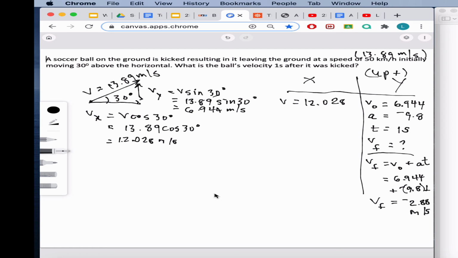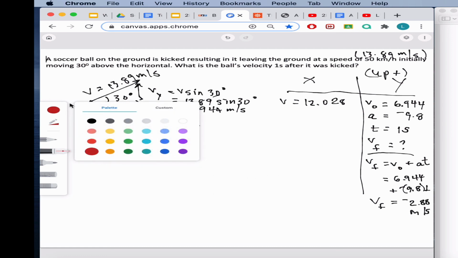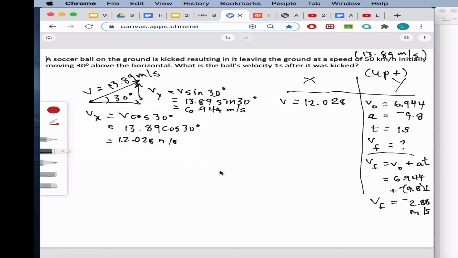So now we have both vertical and horizontal components of our final velocity vector. So let's redraw our two components and then draw a resultant. Our x component again is 12.028 to the right. And our vertical component is negative 2.85 down.